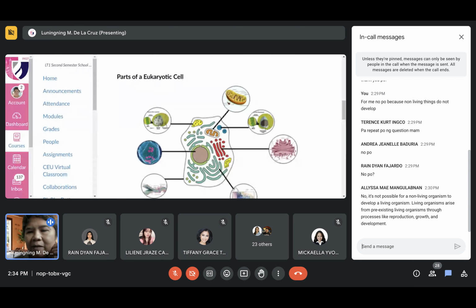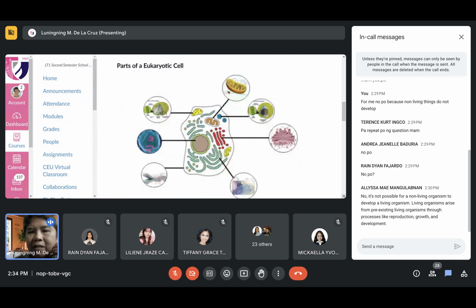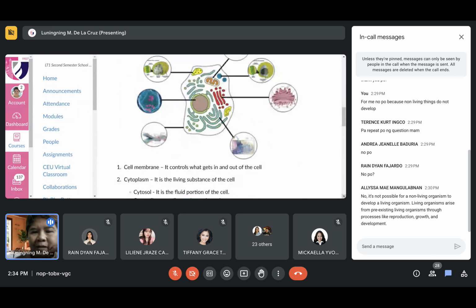So, these are the different parts of a eukaryotic cell. One, it has a cell membrane. So this cell membrane is a semi-permeable membrane, which means it selects the materials that get in and out of the cell. Okay, so choosy.